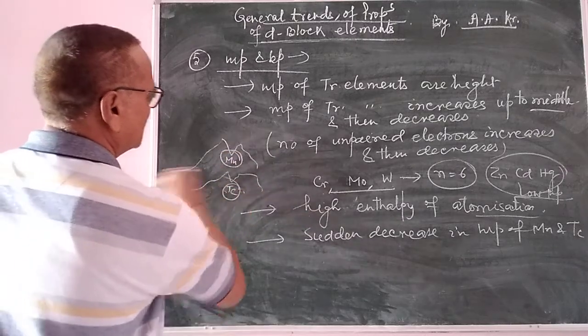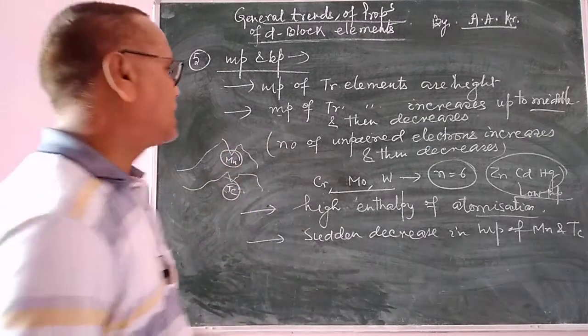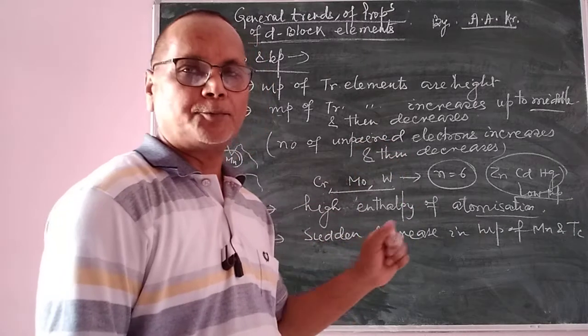These two transition metals have an abnormally low melting point.